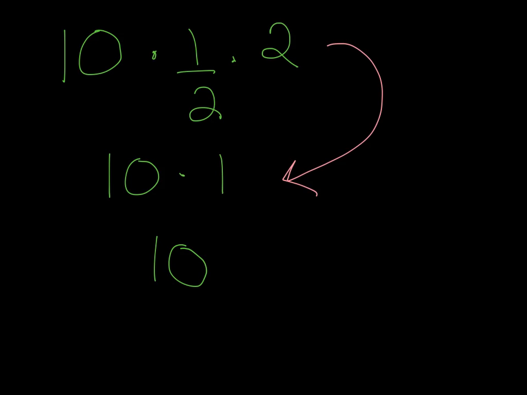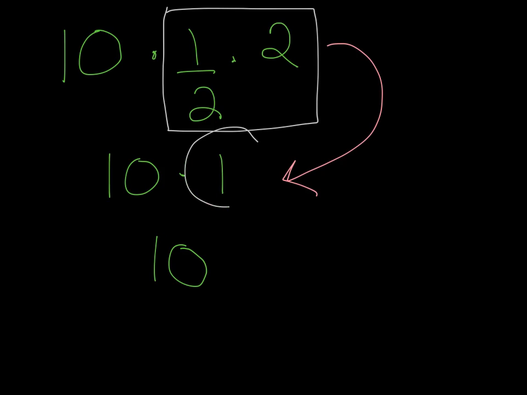Well, we can see that we have multiplied 1/2 times its reciprocal or multiplicative inverse. And we know when we multiply a number by its reciprocal, we get the multiplicative identity of 1. So now we multiply 10 times 1 in the second line, and we can simplify that to 10.